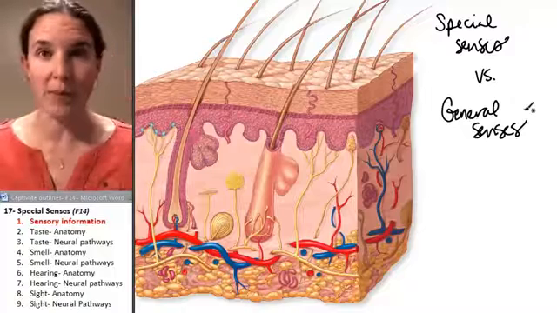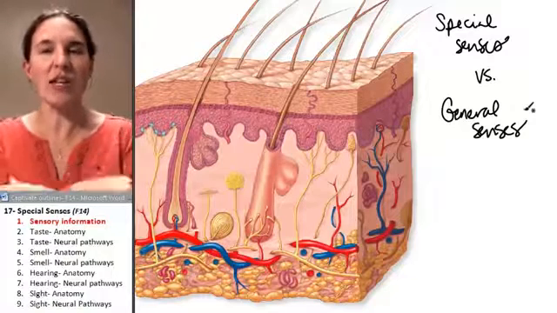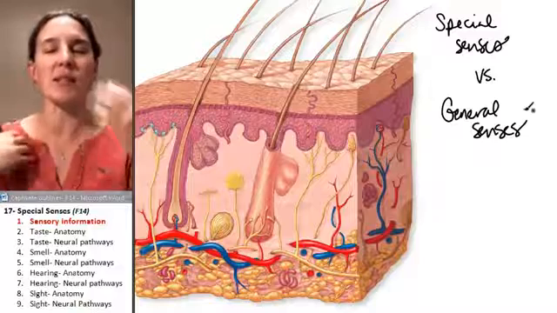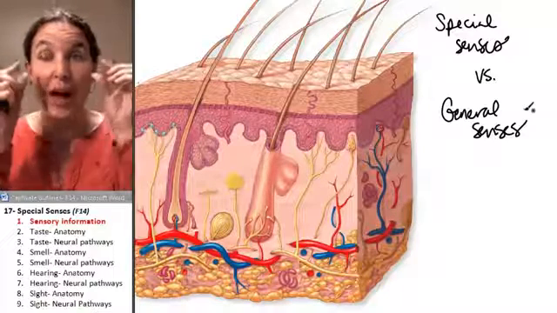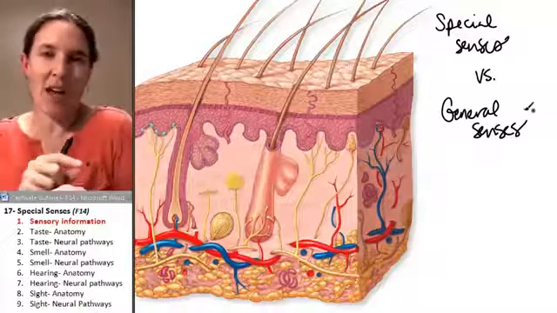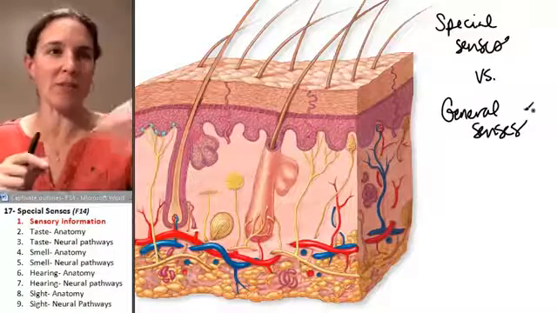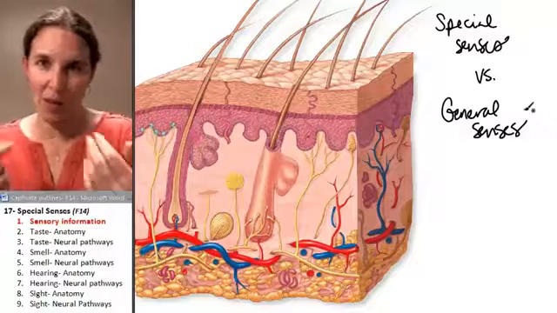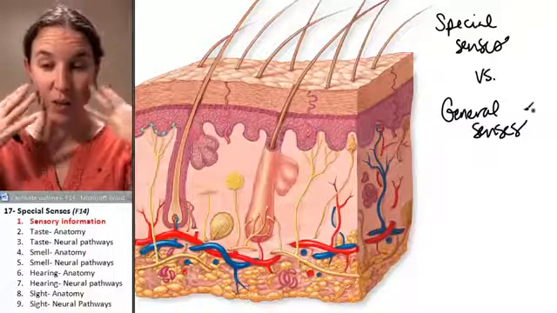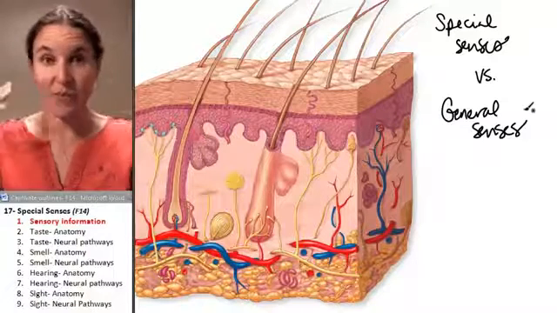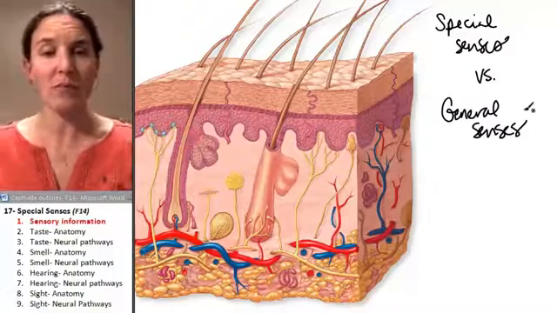They're all over. Touch is a good example of a general sense. It's everywhere. You don't have a touch zone on your wrist that's the only place you can touch something. You can actually feel pressure and contact all over your skin.